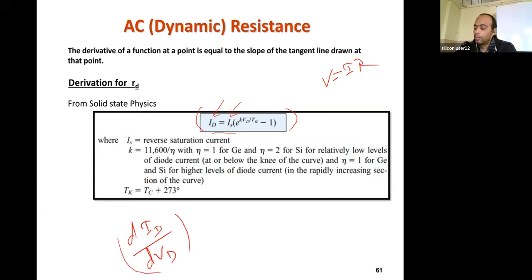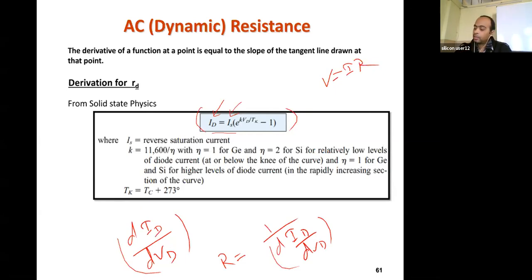I can find out the resistance equal to 1 by dID by dVD. So first I will differentiate ID with respect to VD, then to find the resistance, I will take its reciprocal. Why?